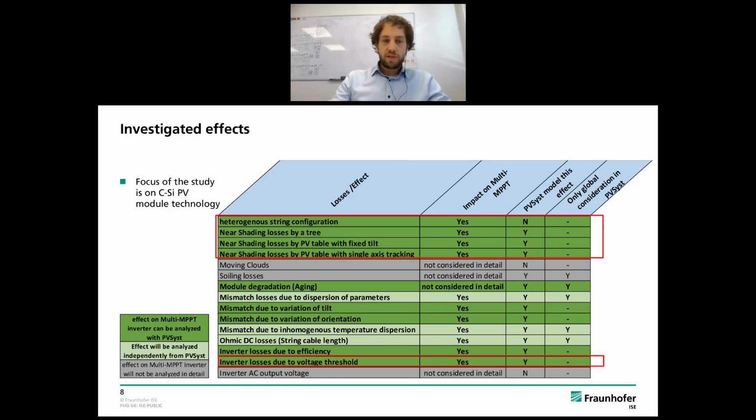I will focus on shading effects, heterogeneous string configurations, and the impact of the voltage threshold, so the minimum input voltage of an inverter. But the complete study is public and can be downloaded. The link is on my last slide, so if you're interested, you can download the full study to see the analysis of all the effects.